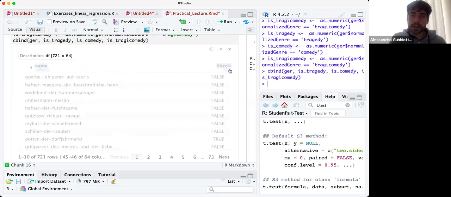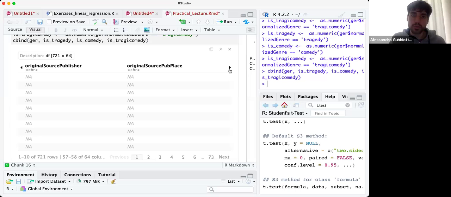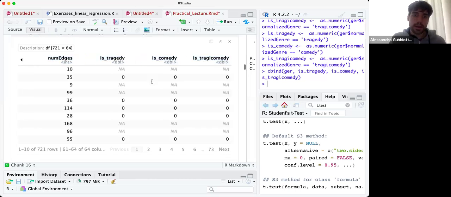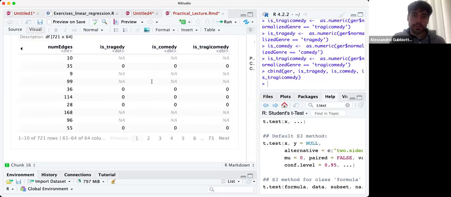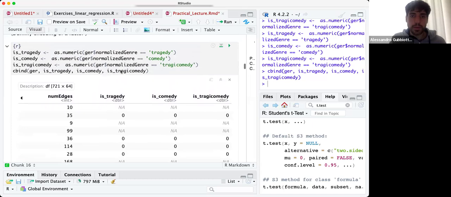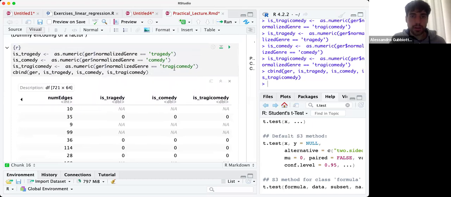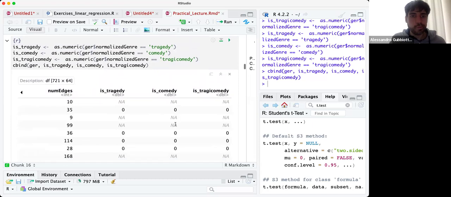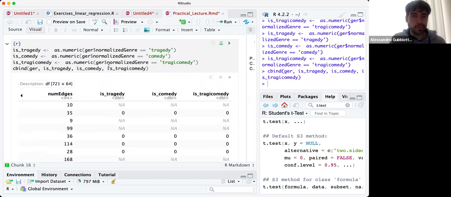But as we noted before, one column is too much. But now there is some error here. Comedy, tragedy, tragicomedy.